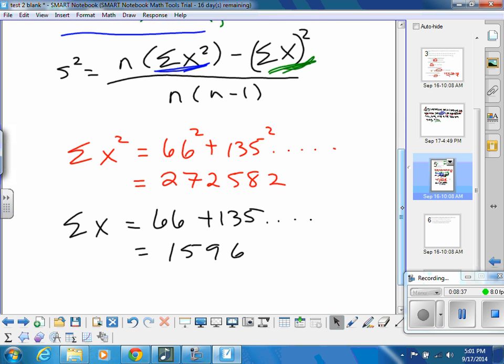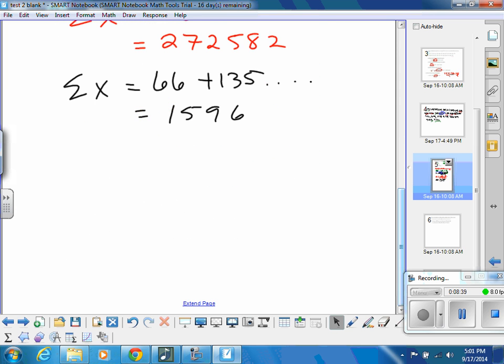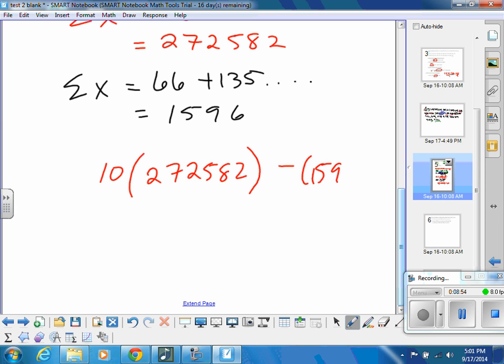Now, when I go back and plug it into my formula, I'm going to do the next step, okay? I'm going to take these and plug them into the formula. I'm going to have 10, because that was my n, times the big number right there, minus the 1596 squared, all over 10 times 10 minus 1.